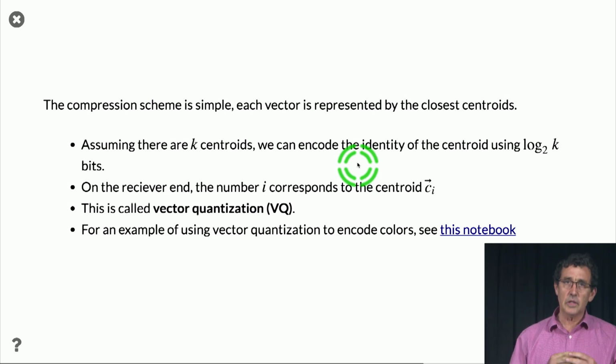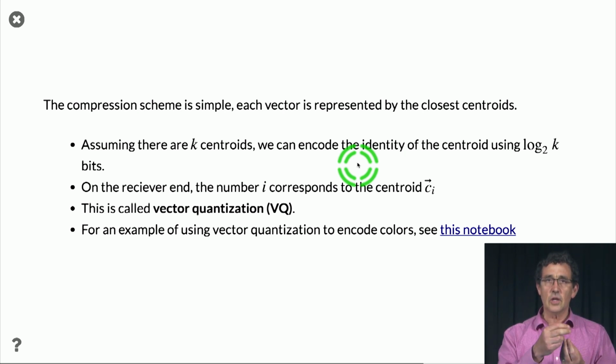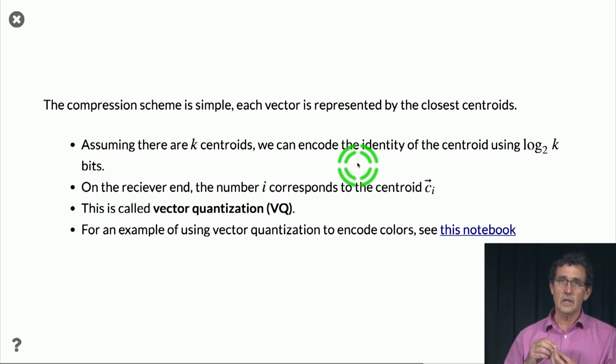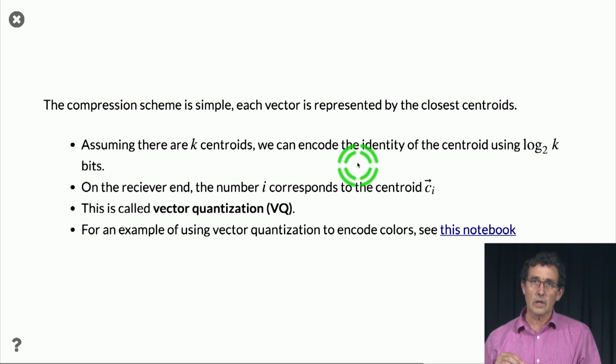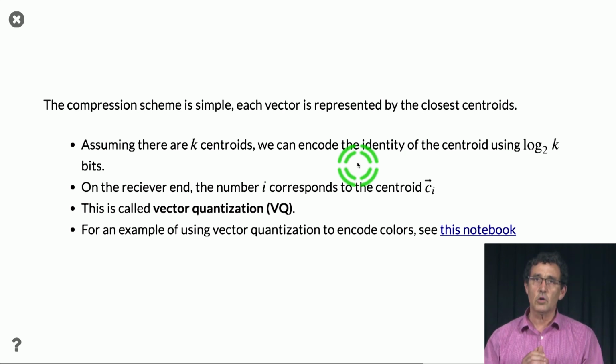So what we do is we run k-means, so we find k centers, and then we associate each example with the closest center, with the closest centroid. And then in order to transmit that to another location, we just need to transmit the index of that centroid, because we suppose that both the receiver and the sender have the same codebook.